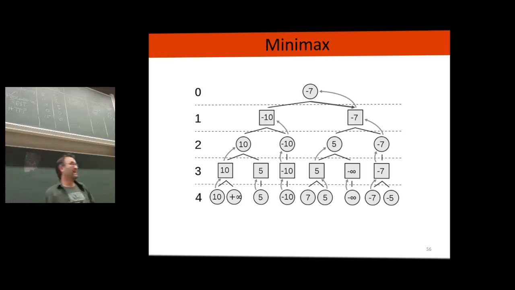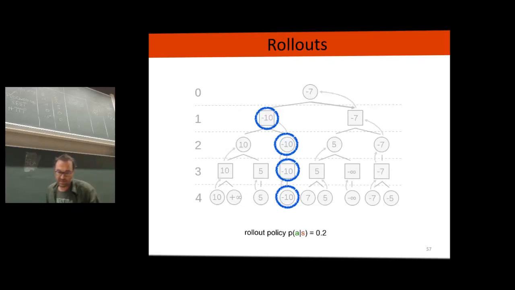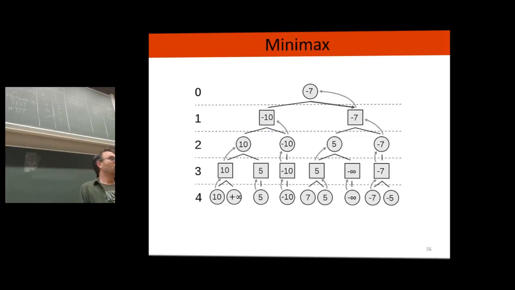In Go, on the other hand, you have a tree that is huge with 380 or whatever, 360 branches to choose from, but then it's incredibly deep. So in Go, what you have to do is restrict your depth as well.